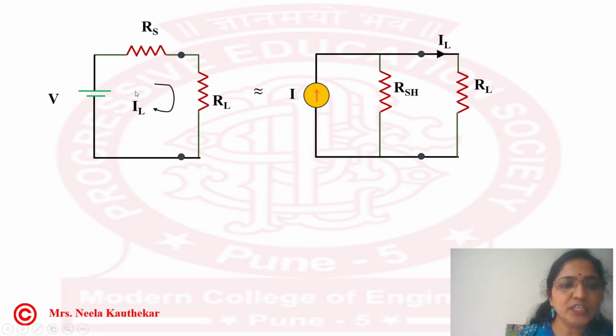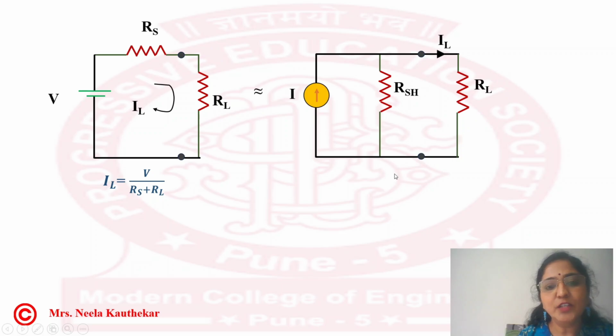This voltage is connected to two resistors in series with each other. So the total resistance is RS in series with RL, and you can calculate the load current IL equal to V divided by RS plus RL.